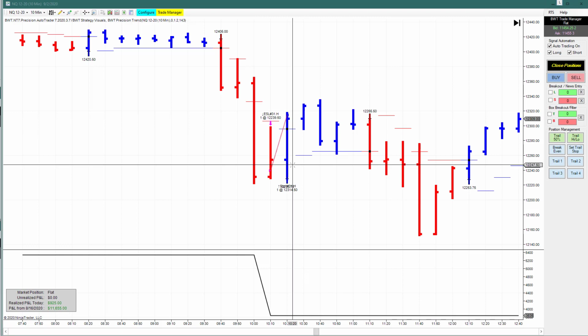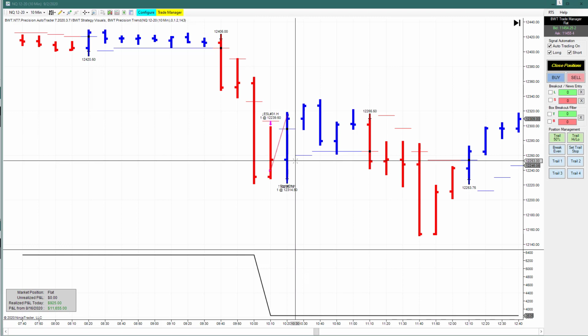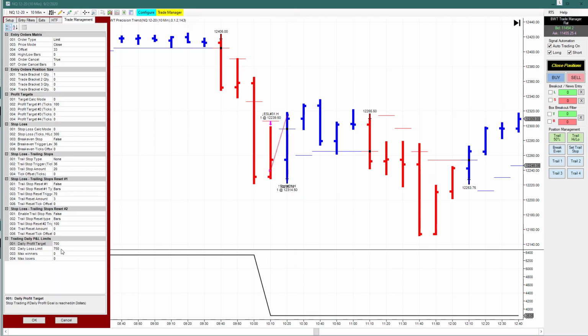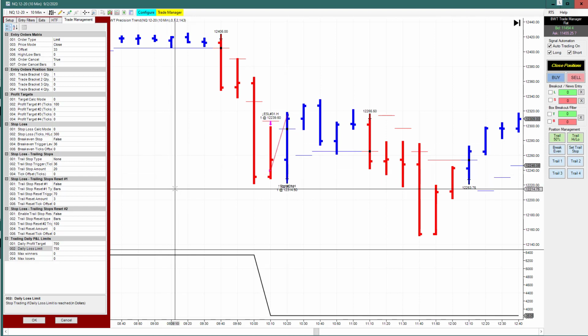That is exactly 300 ticks. And it is not right, because the daily loss limit is 750. Now, if this was a live trade, it would exit at roughly half that, 150 ticks. So this loss shouldn't be this big, I believe. I'm pretty certain. So I think that's one of the drawbacks of the backtest.